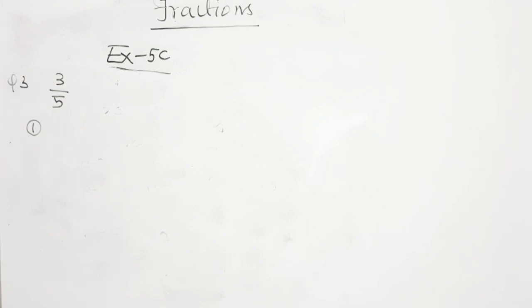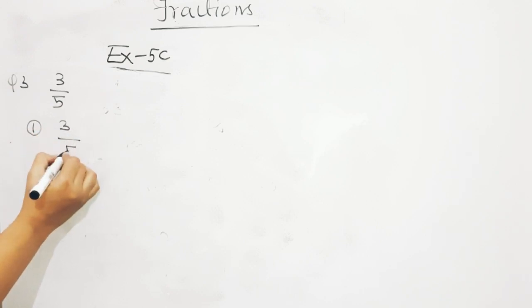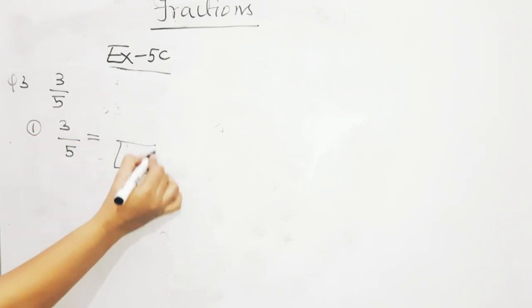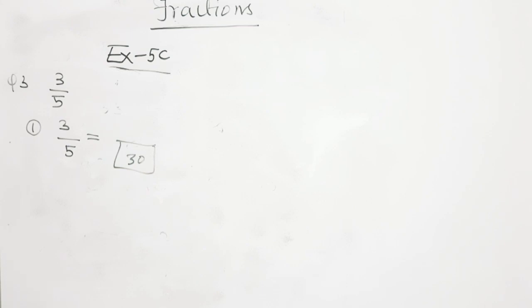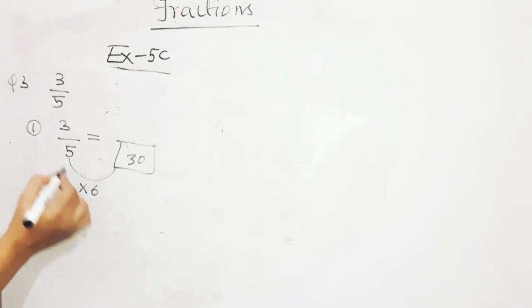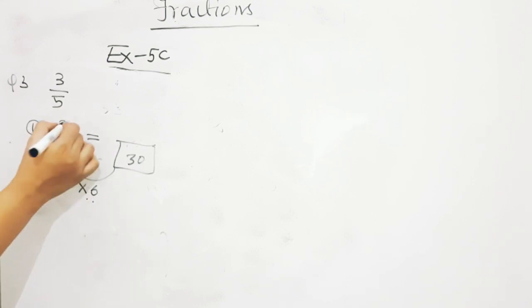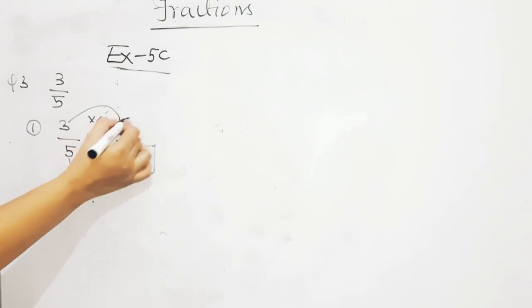द फर्स्ट ऑप्शन इज डिनोमिनेटर 30, यानी कि 3/5 के इक्विवेलेंट फ्रैक्शन लिखना है जिसमें डिनोमिनेटर 30 हो. नाउ यू ऑल हैव टू टेल मी 5 के टेबल में आपका 30 कब आता है? 5 6 are 30, and since both the fractions are equivalent, that means that you have to multiply the numerator and the denominator by the same number. आपको same number से multiply करना है. तो जब आपने 5 को 6 से multiply किया तो 3 को भी आपको 6 से ही multiply करना है.